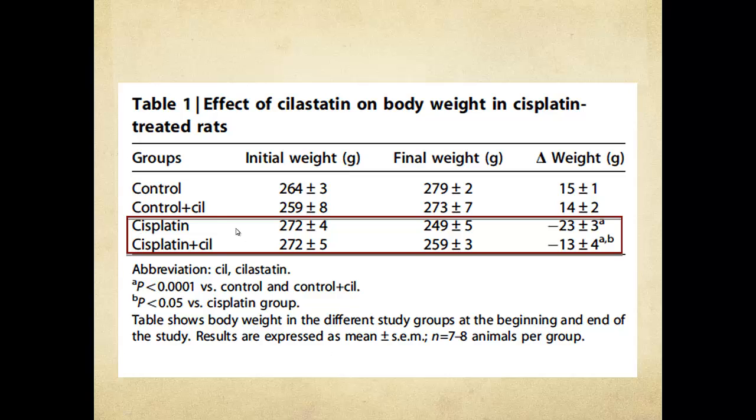This is saying that, as compared to rats treated with only cisplatin, the rats treated with both cisplatin and cilastatin had 13 grams less weight loss. Meaning, in rats given only cisplatin, there was more nephrotoxicity in terms of proximal tubular damage, causing polyuria and therefore more weight loss.